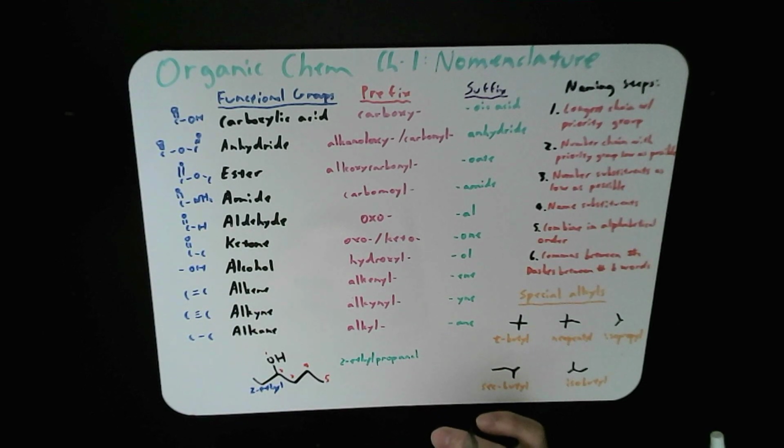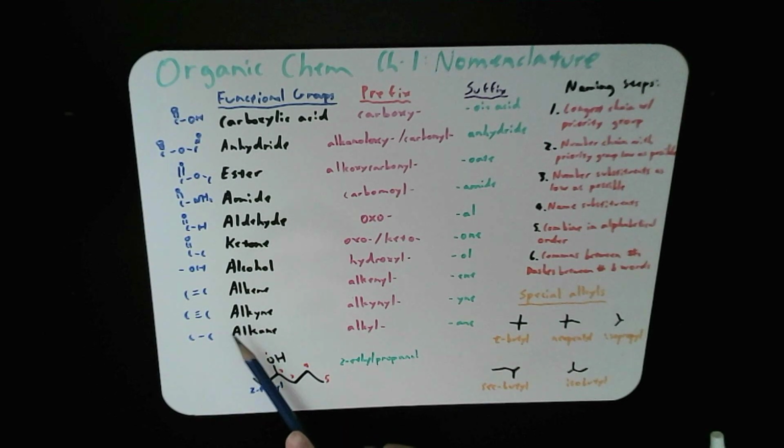So if you have 6 or 7, heptane, and if it's heptene, you have heptenyl, and the suffix would be ene. So it depends on how many carbons you have in that alkene chain.